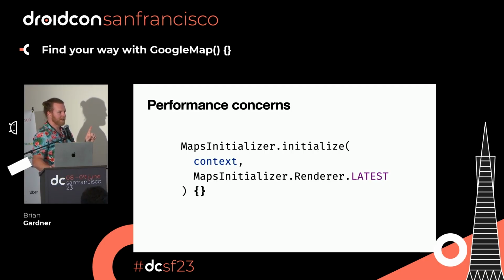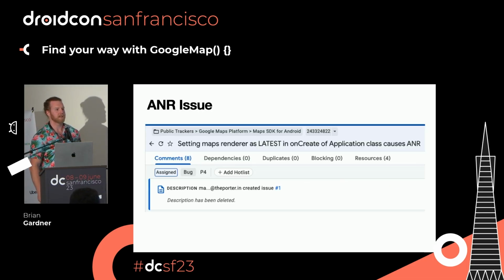One more issue with this one. We got the map out, launched the feature, and we're like, great, this is cool. And then we start getting some exceptions. Some users were running into ANRs when we were setting the latest renderer. This wasn't ideal, but it also wasn't terrible because it was kind of a one-to-one situation.